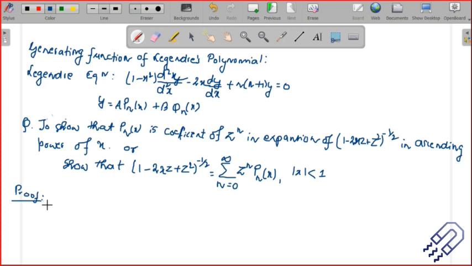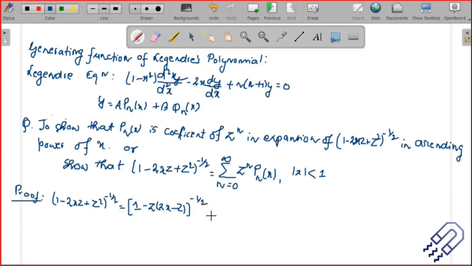So for proof, obviously we need to start with an expression, and this expression is this. Just be careful, look into the steps here. Okay, is equal to, let's start with 1 minus, I can take z common here, then I can write it down as 2x minus z whole thing to the power minus half, right?